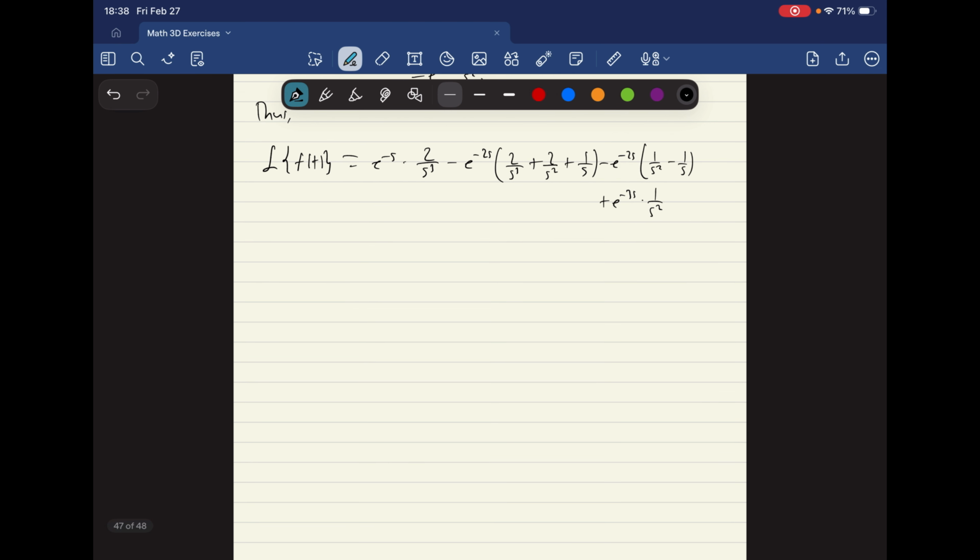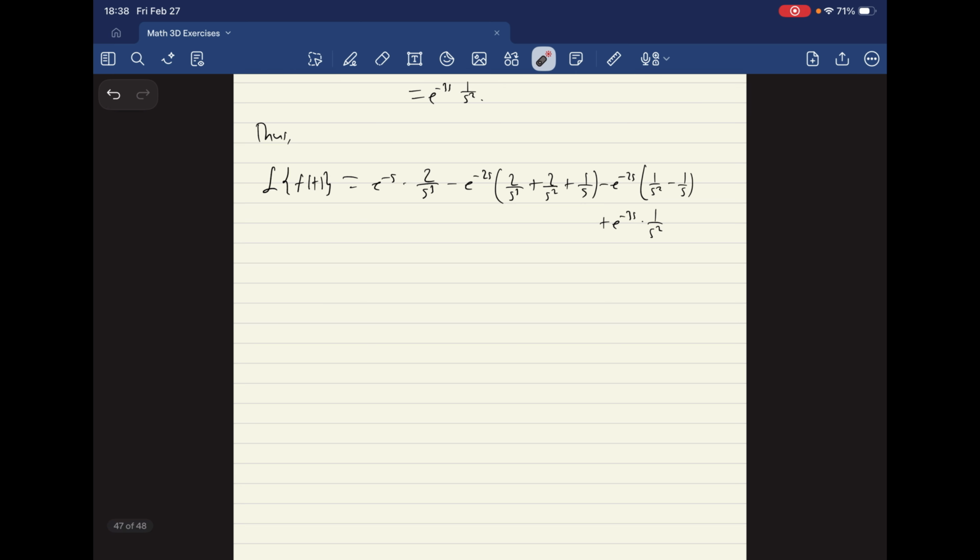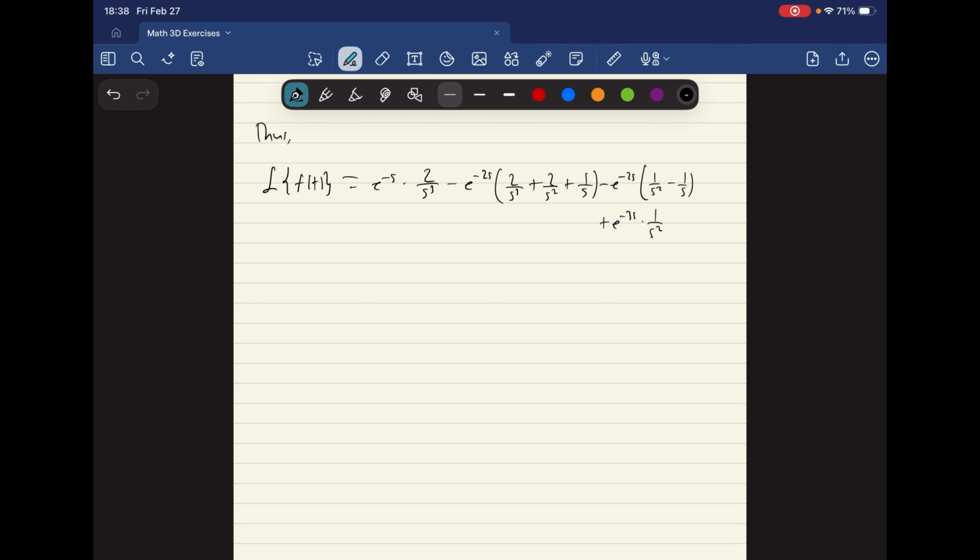And so now let's clean this up. I'm going to collect all of the exponentials into the same term. So I'm going to group together all the e to the minus s's in one term, all of the e to the minus 2s's in another term, and all the e to the minus 3s's in the last term.